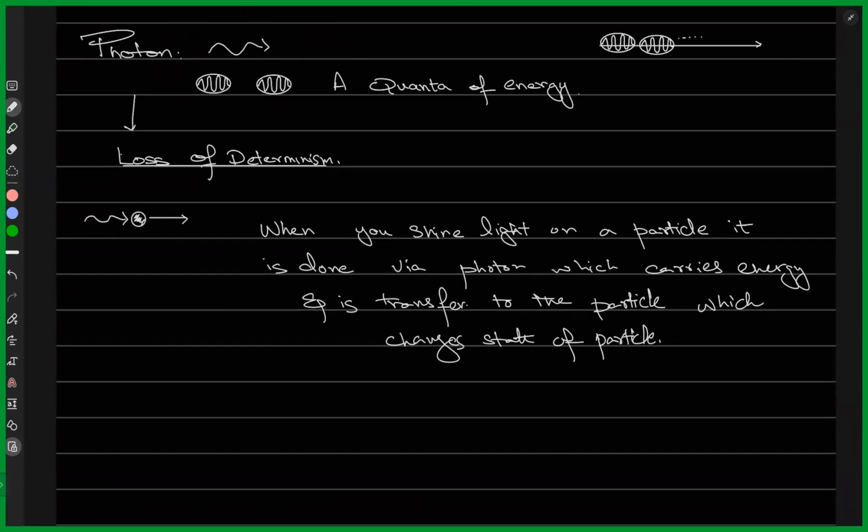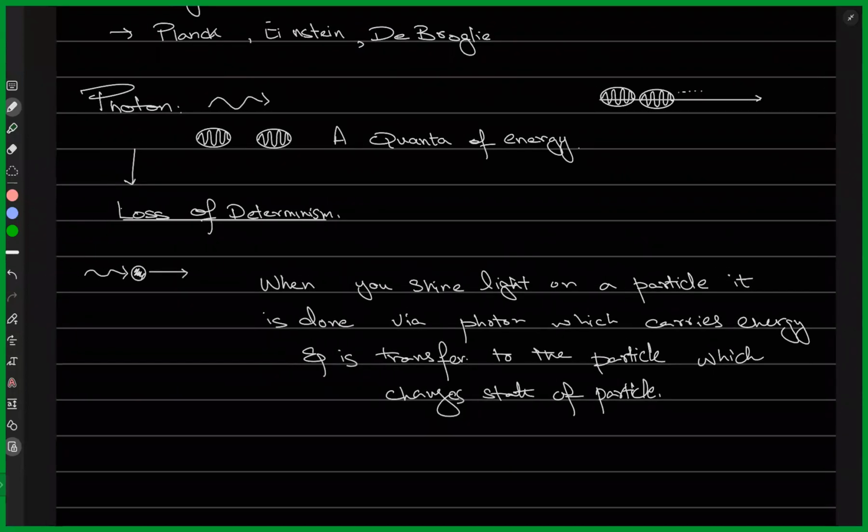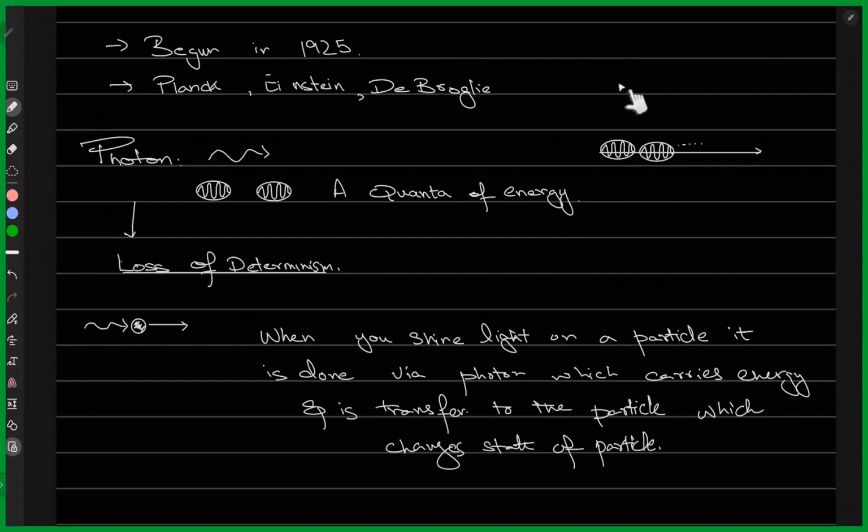The very basic idea is that there is a loss of determinism, as in you cannot accurately determine both the velocity and the position of the particle at the same time, because electromagnetic waves are quantized by the concept of the photon.